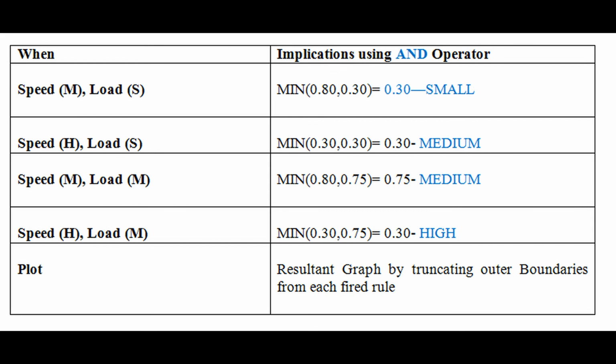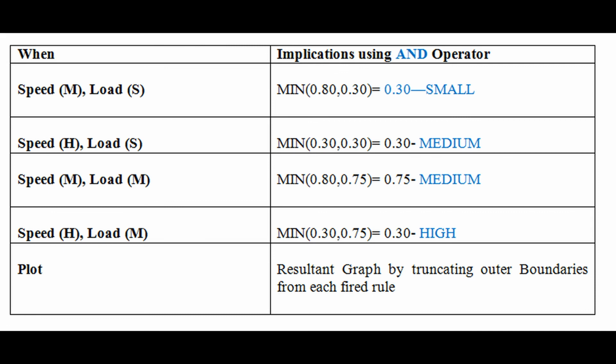For each rule that is fired, we first calculate the emission value and see whether this fired rule falls in the small, medium or high region. Once we have decided, okay, this is going to fall in the small, then we calculate its value by applying the min operation.